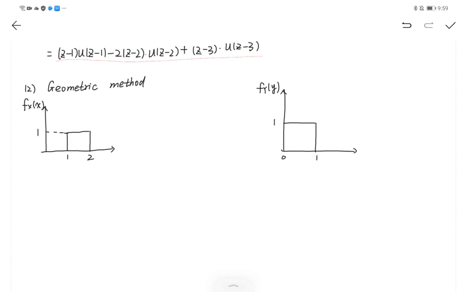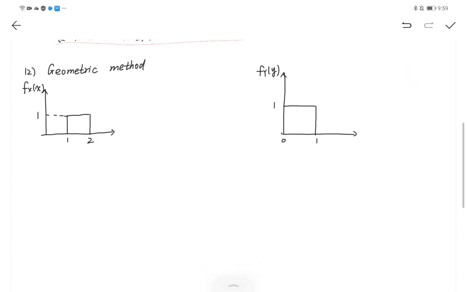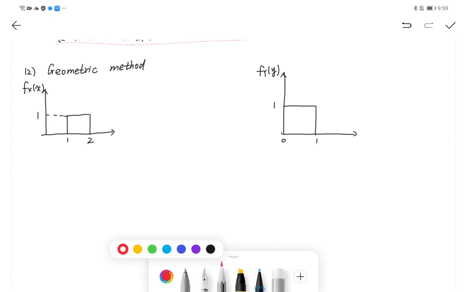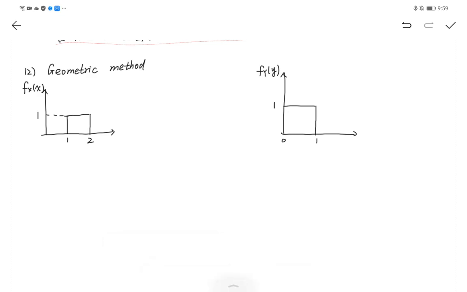If we want to use the geometric method, we should shift the graph of f_X.